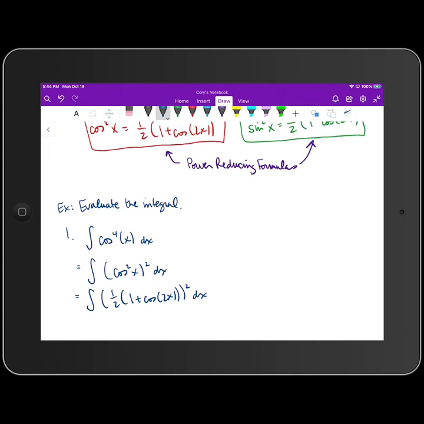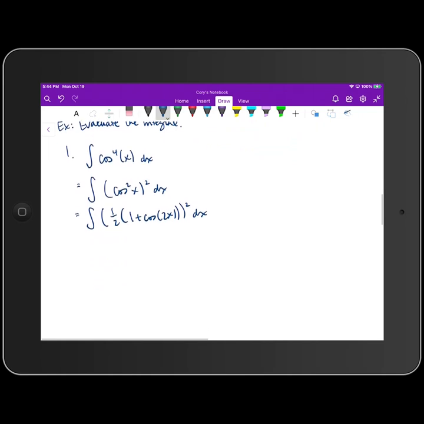What we have here is a product that we're squaring, so we have to apply that exponent to each of the factors. That gives me 1/2 squared, which is 1/4, and I'm going to pull that out in front of my integral. Then we have 1 plus the cosine of 2x quantity squared.